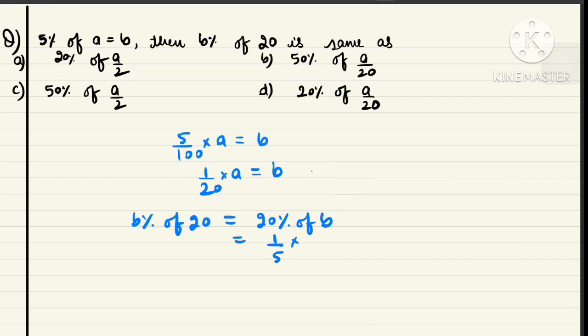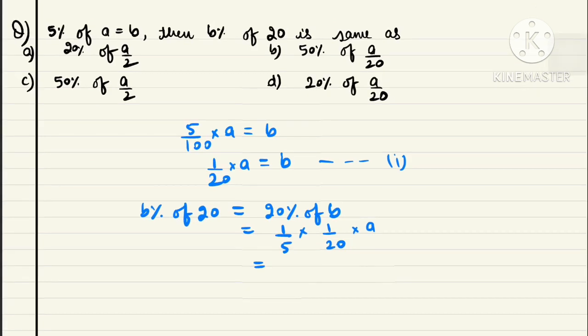So here we will put the value of B, which is equal to 1 by 20 into A. We don't need to convert it into a fraction here, because in the options it is given in percentage only.